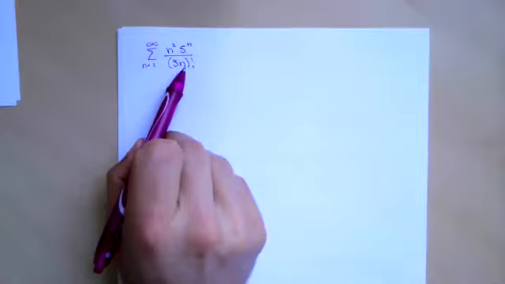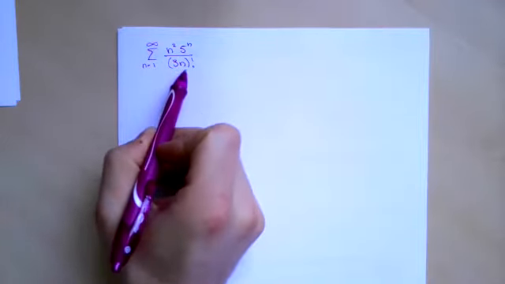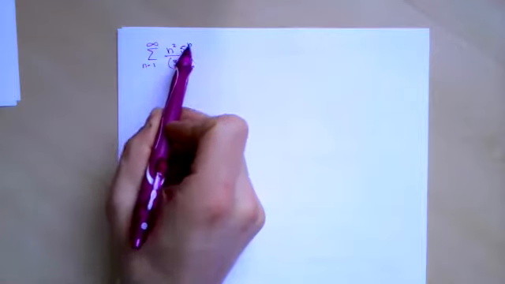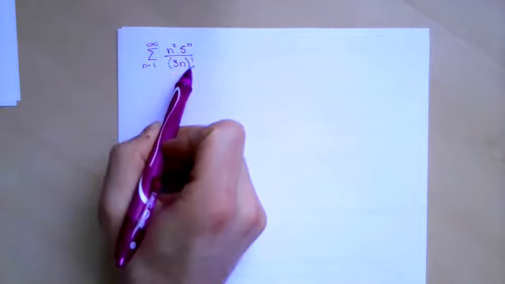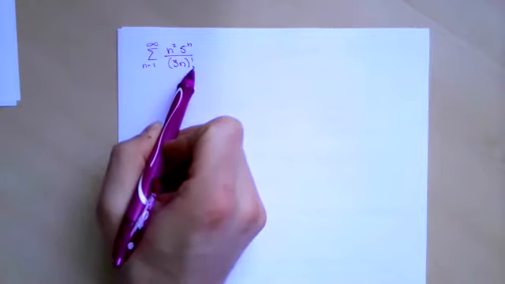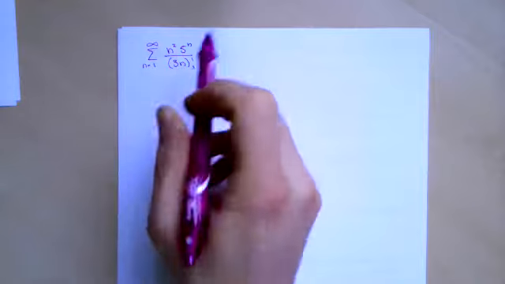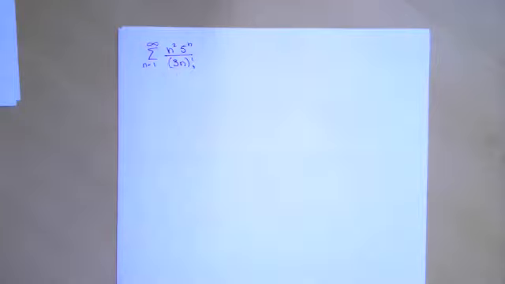Hopefully from previous discussions, as we've started in on these factorials, you remember how factorials grow a lot faster than exponential functions. So 5 to the n grows fast, but n factorial, let alone 3n factorial, is going to grow much faster. I'll leave it to you guys to check that it goes to 0.